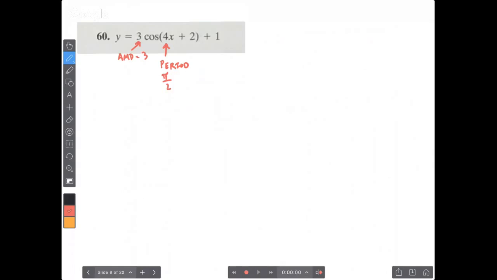Let's see. This is going to move us left 1/2, and this is going to move us up 1.